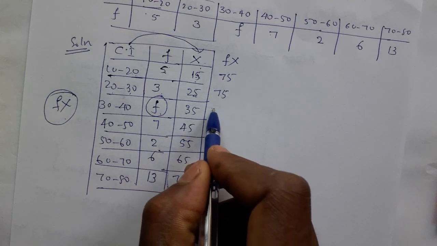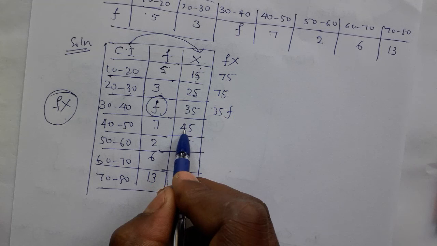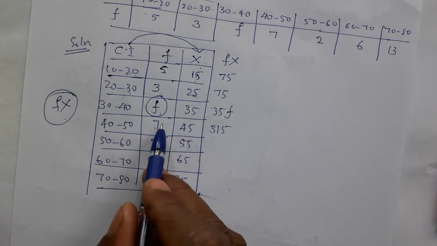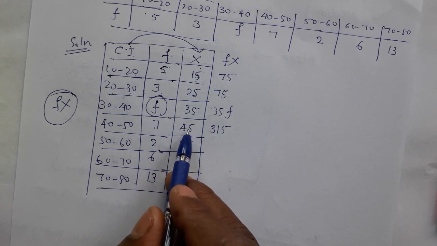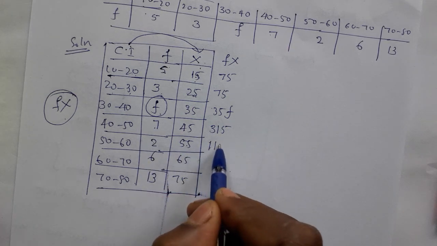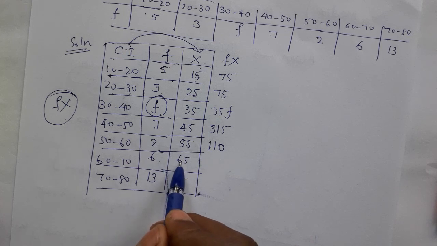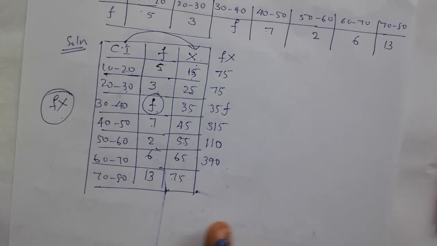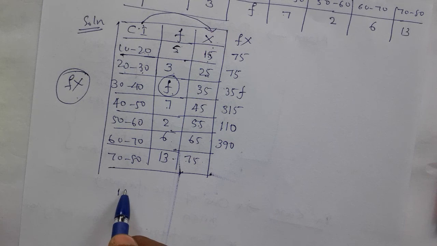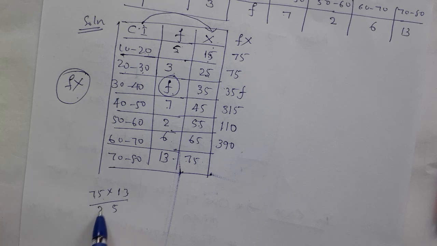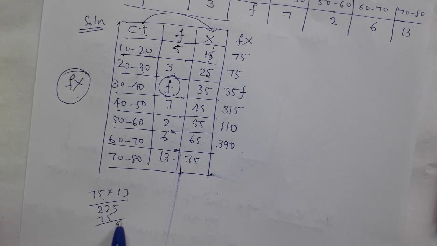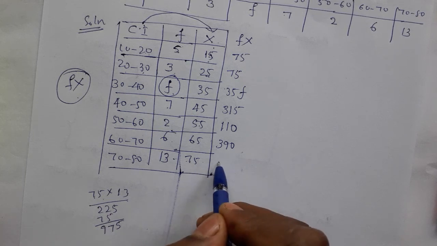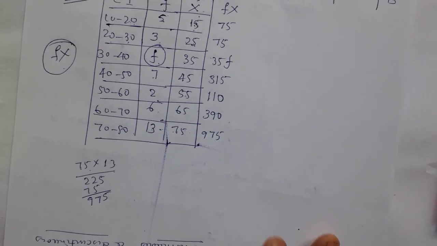Next, f into 35, it is 35f. 7 into 45, it is 315. 2 into 55 is 110. 6 into 65 is 390. 13 into 75: 3 fives are 15, carry 1, and so on, it is 975. 975 is the last box.